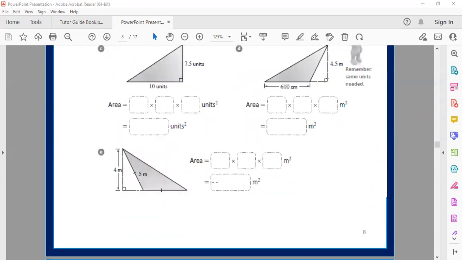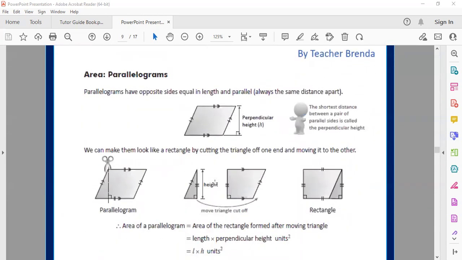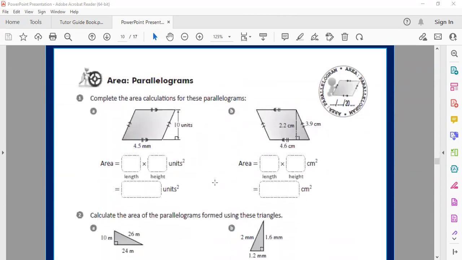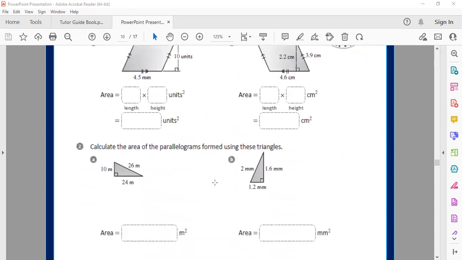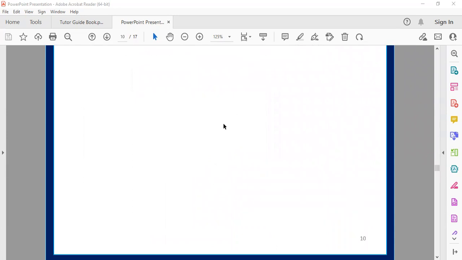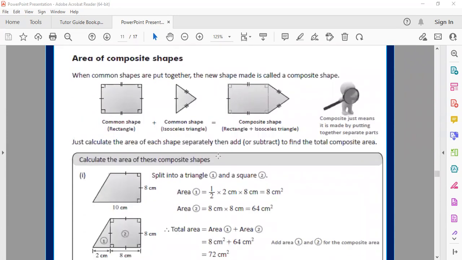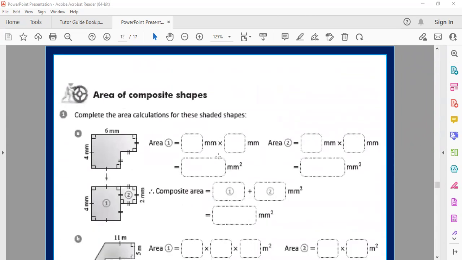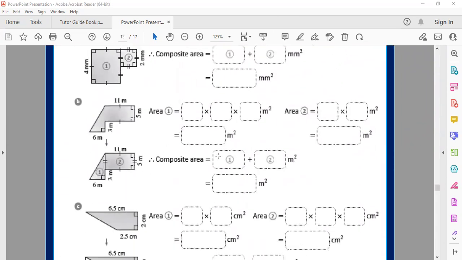But after that, you are going to work on your own to read the parallelograms and then answer the questions on page 10. Next week, we will revise back here. So please do it before next week. Then come to composite shapes on page 11, and answer questions on composite shapes.